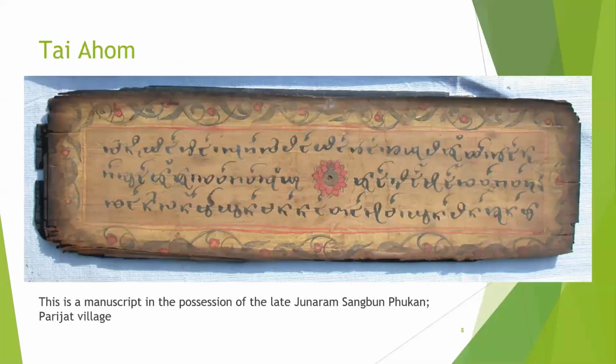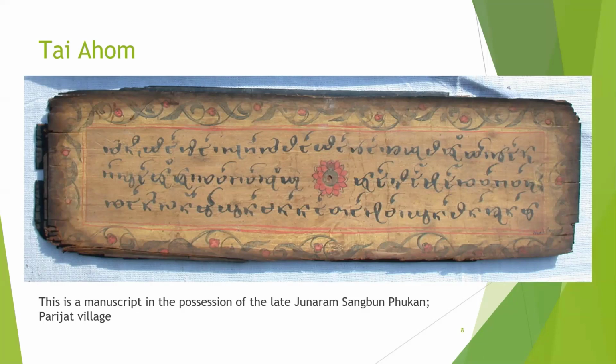Okay, so that's the Tai Phake, Tai Aiton, Tai Khamyang. There's also the Tai Ahom, a language that hasn't been spoken as a mother tongue since about 1800, but is undergoing a revival. Here's a traditional manuscript, a very beautiful one that belonged to the late Junram Sangbun Pukon, a very dear friend of mine from Parijat village.